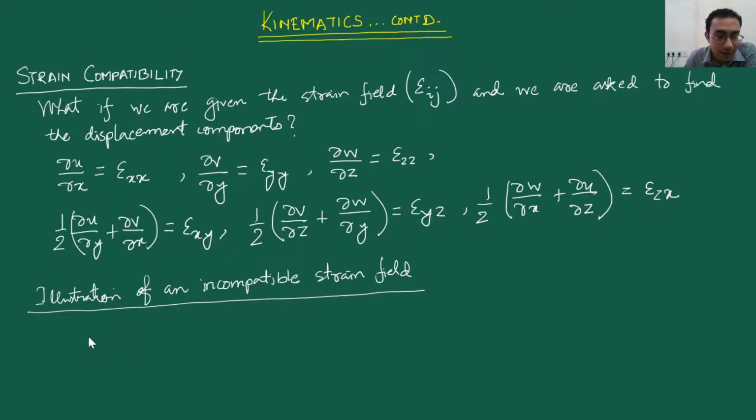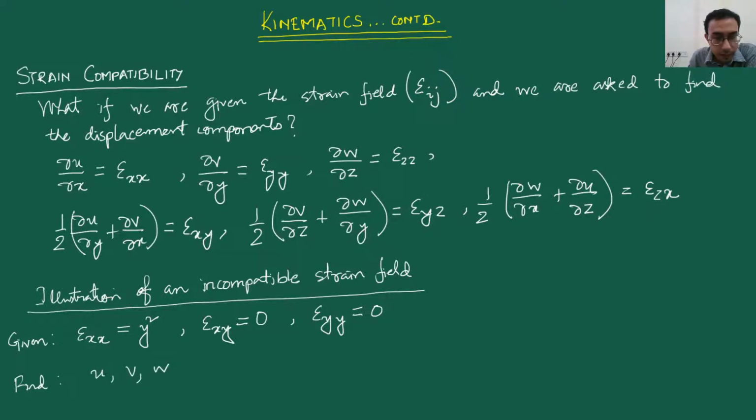But anyway, let's say we have epsilon xx equal to y square, epsilon xy equal to 0, and epsilon yy equal to 0. This is what is given to us, and the question is that you find u, v and w.